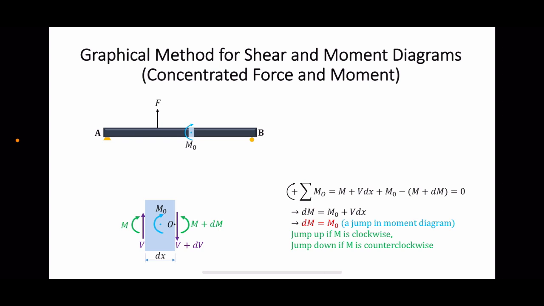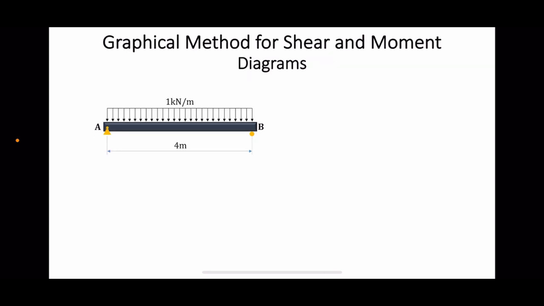Now let us apply all these observations to the earlier example, with which we have used the conventional method. Let us see whether we will obtain the same diagram. Here is the beam we just mentioned. In the first step of the graphical method, we will also need to determine the support reaction.